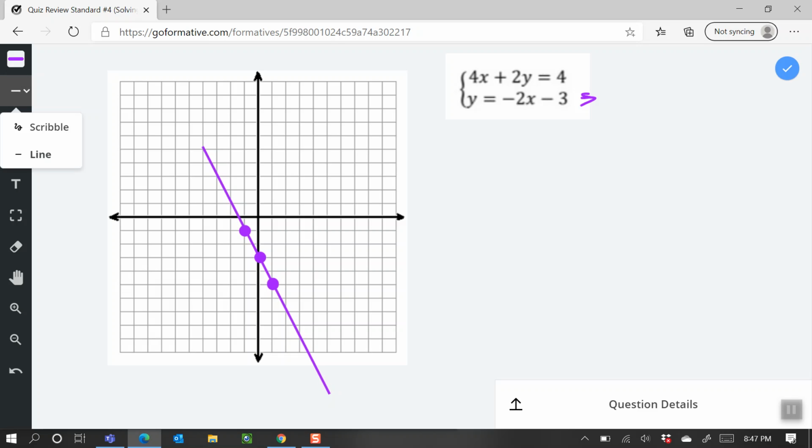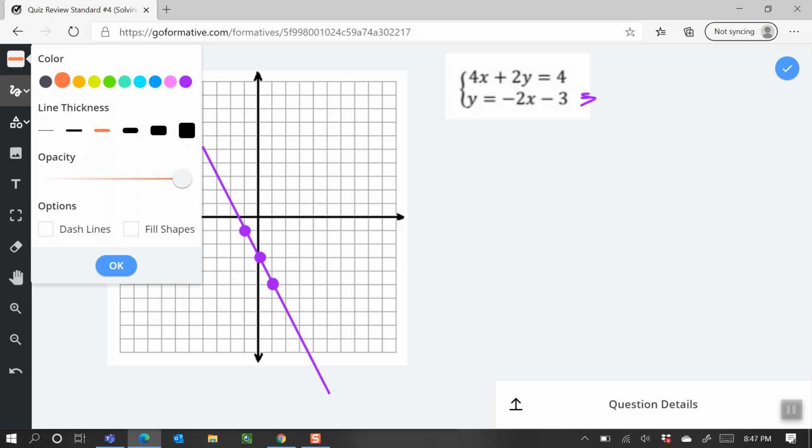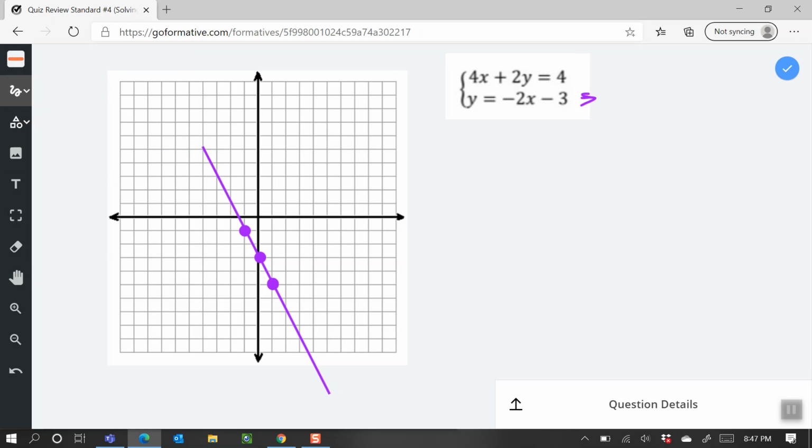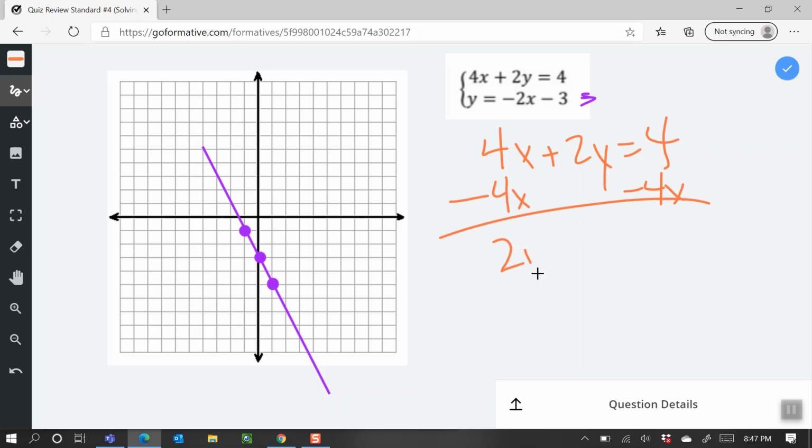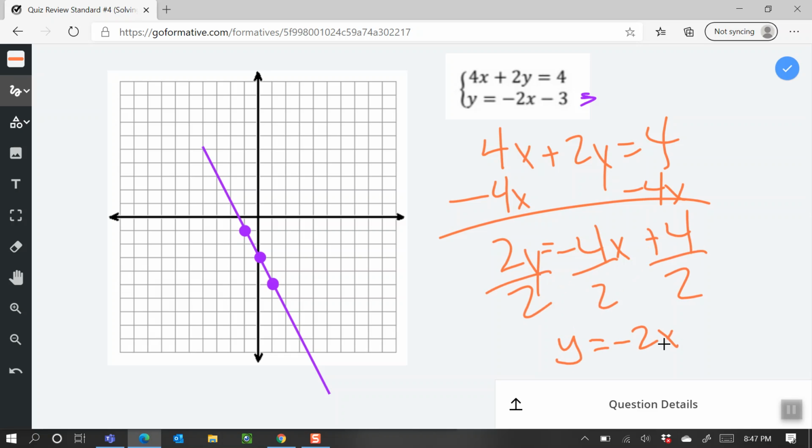The other equation, I'm going to solve it out. 2y minus 4x plus 4, divided by 2. y equals -2x plus 2.